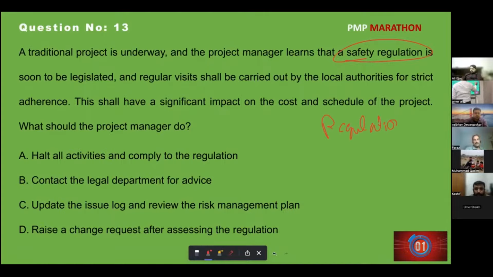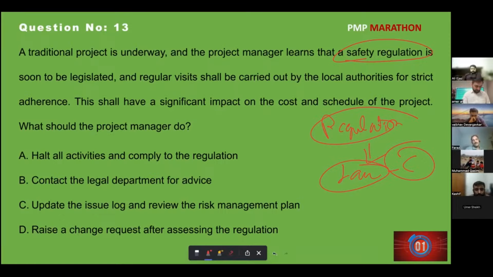It's a law, a compliance requirement. So whenever a compliance requirement comes, what do we need to do? We need to handle that. As a project manager, how do you handle it?